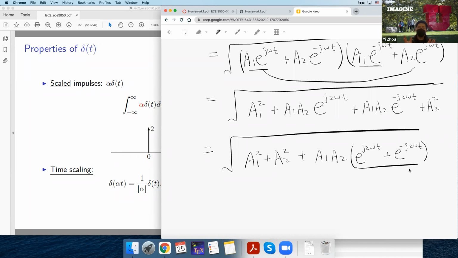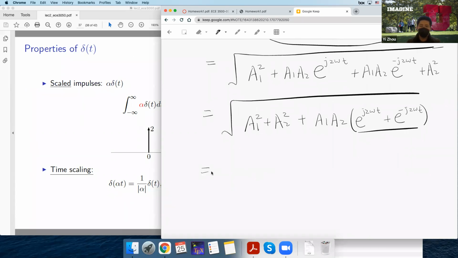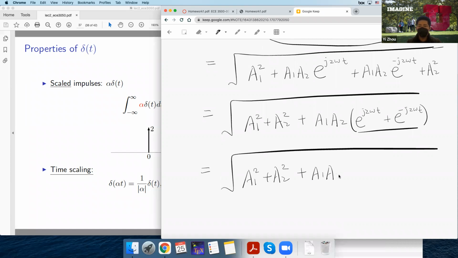Remember that whenever you see a pair of complex exponentials that are conjugated with each other, you can always recall the inverse Euler's formula. So I believe this gives you e^(j theta) plus e^(negative j theta), that is 2 times cosine theta.